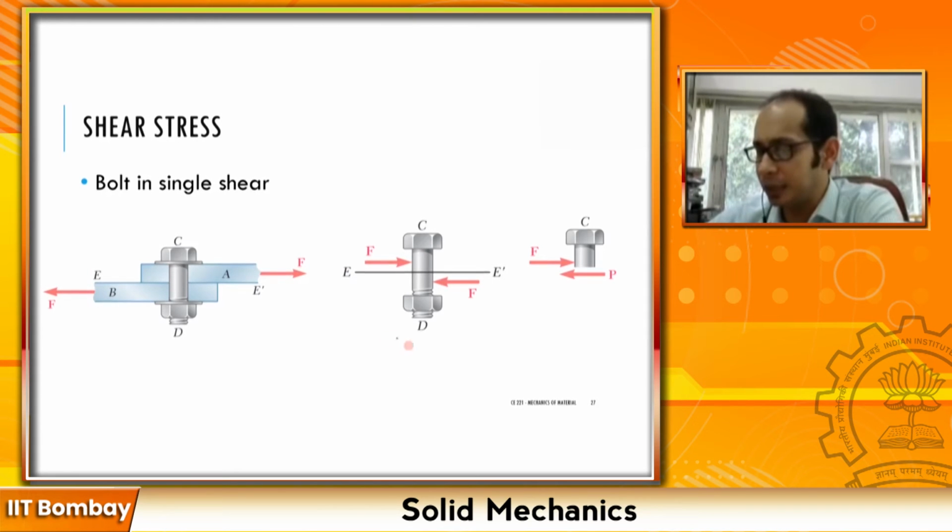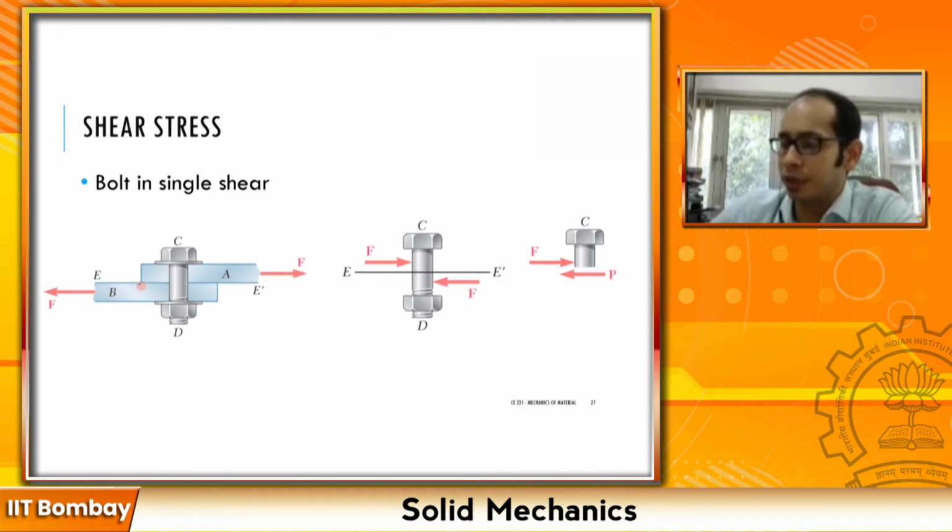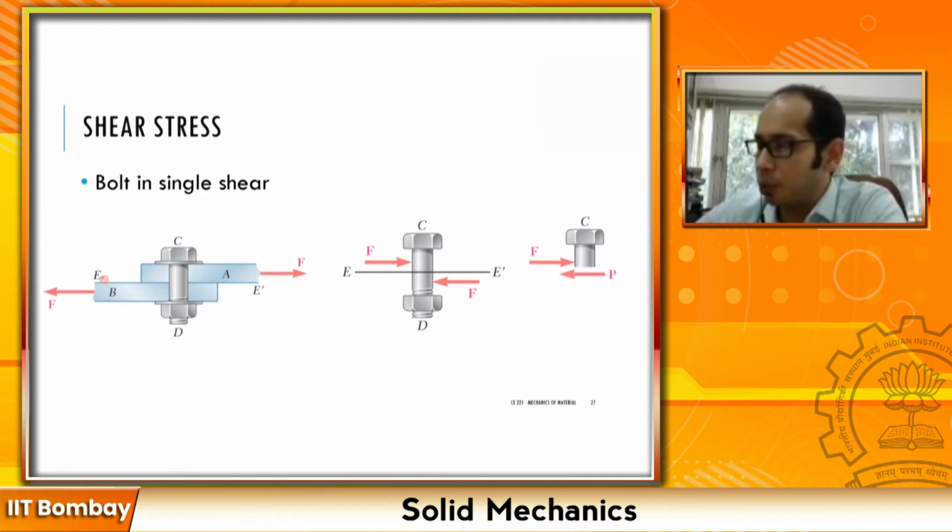If you have a bolt connecting two plates, this plate A and this plate B, and you are pulling with equal and opposite forces F, how do you think this bolt is going to fail? This bolt is going to fail about this particular line.